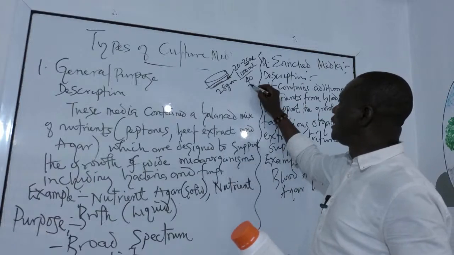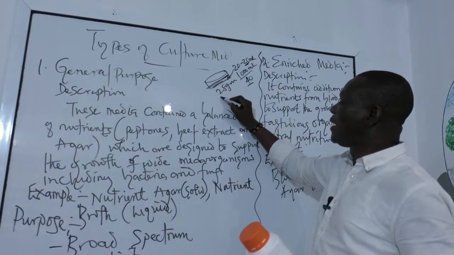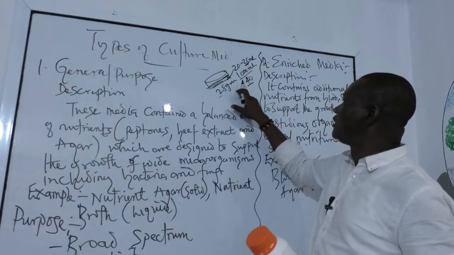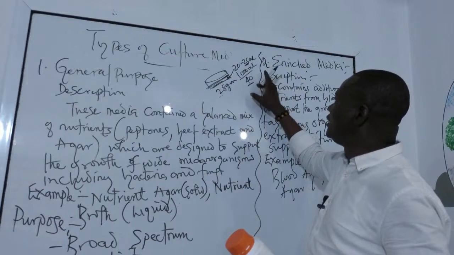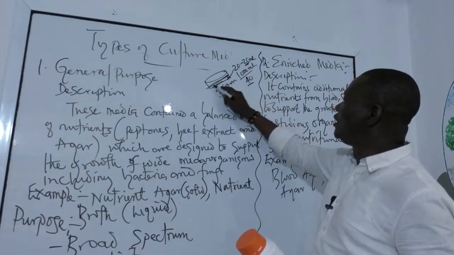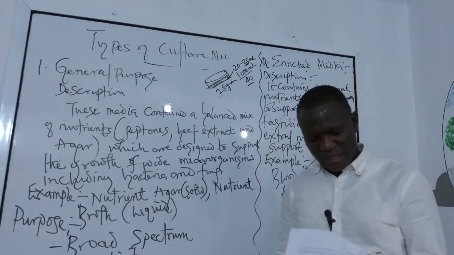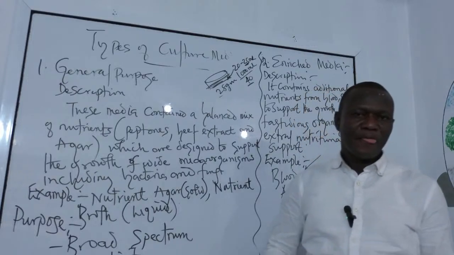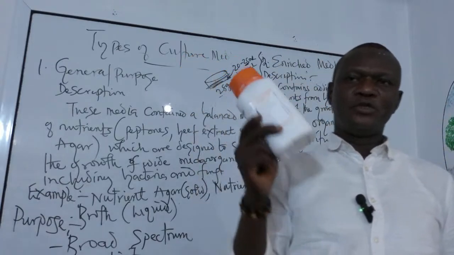That means if you are making use of 28 gram and you want to prepare 40 of this, you will need 40 petri dishes to take care of that. So that is what is going to determine how much of this you are going to weigh.